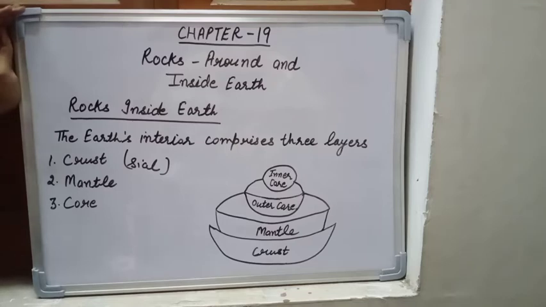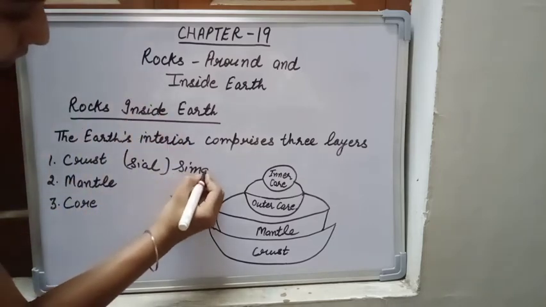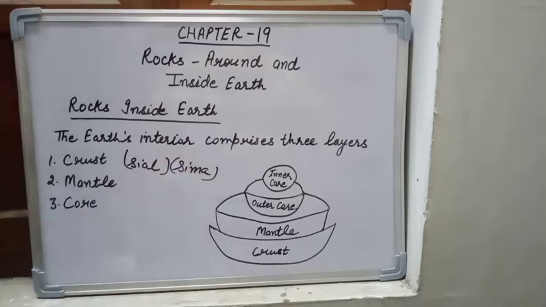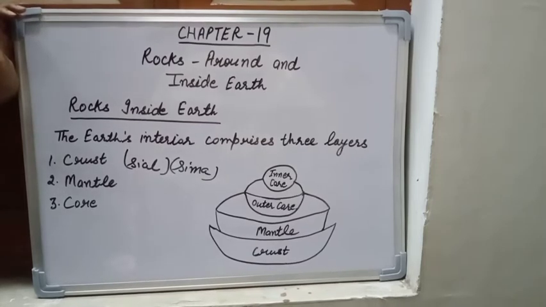The oceanic crust is made up of minerals such as silica and magnesium. So therefore it is known as Sima. It mostly consists of basalt. Sial is lighter than Sima because aluminium is lighter than magnesium.